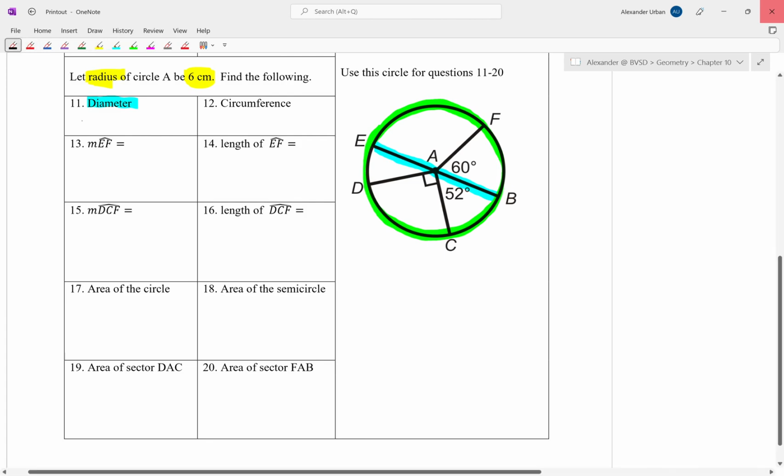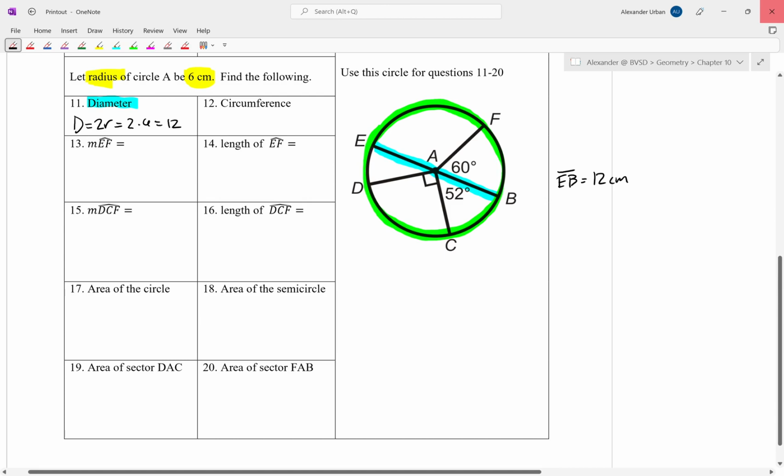So the diameter, my apologies, is going to be double the radius. In this case the diameter is 2 times 6, which is 12. So EB, if we wanted to be more specific, E to B is equal to 12 centimeters.